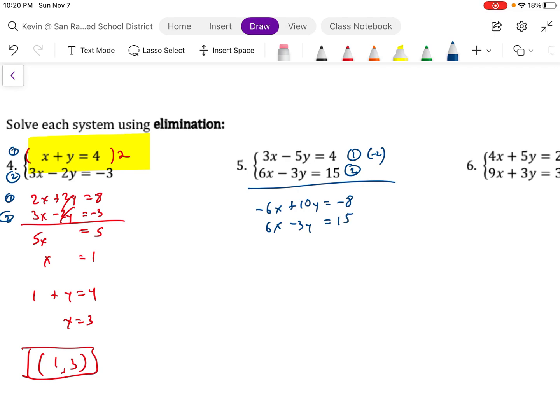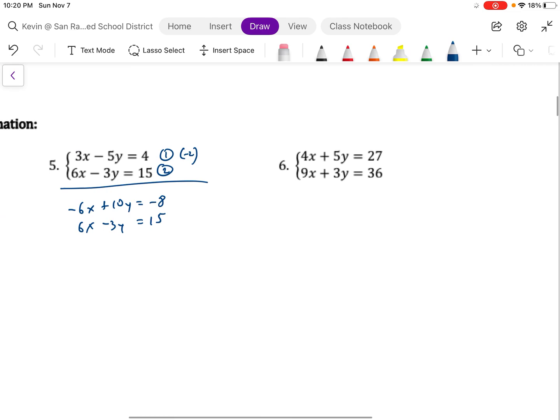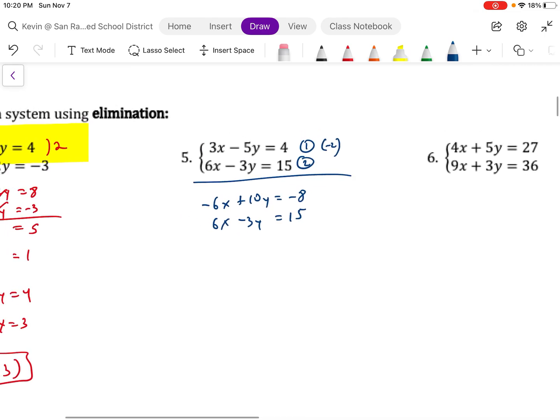And I was confused, but I don't have to multiply the second equation by anything, because just by multiplying the first equation by negative 2, I'm going to be able to eliminate my x values. Negative 6x plus 6x is 0. This gives me 7y, and this gives me 7. So y equals 1.